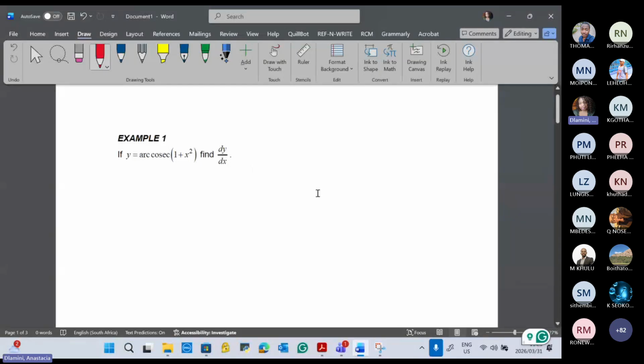Okay, so let's go to the example. Example 1, arcsine. In this case, this can be written as y equals the inverse of cosec of 1 plus x squared. Do you see that? It can be represented as this or that.